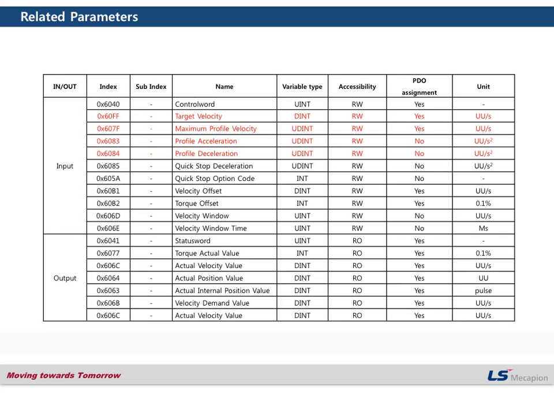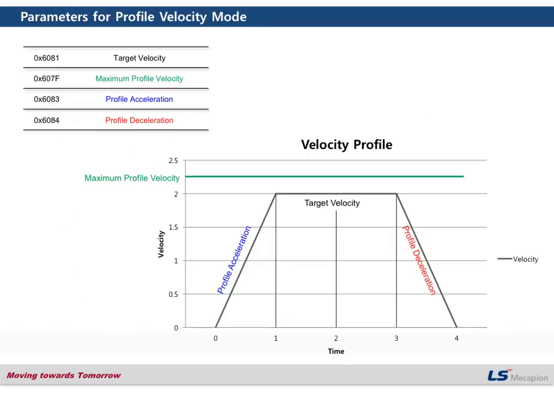So related parameters are like this, from here to here, and these four parameters are used to generate the profile in PV mode. So with those four kinds of parameters, we can make this kind of profile.